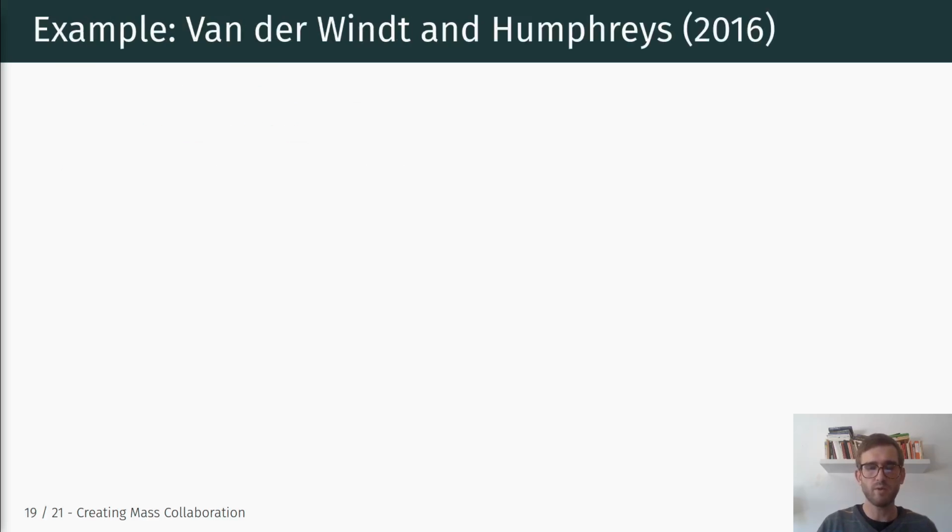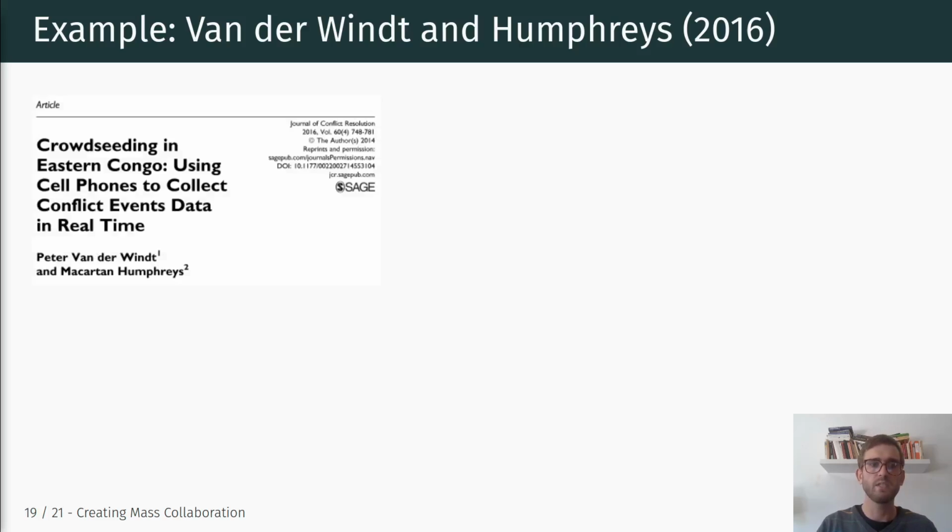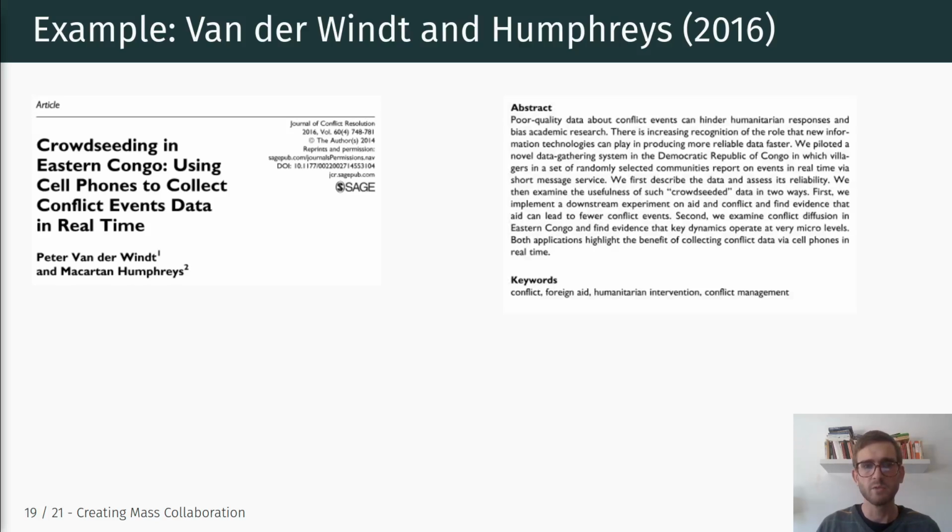And so rather than talking about the examples that are discussed in the book, we will discuss a paper that was posted on Canvas a while ago, which is Van der Windt and Humphreys 2016, Crowdseeding in Eastern Congo: Using Cell Phones to Collect Conflict Events Data in Real Time, which I think is a really cool example of such a distributed data collection effort.